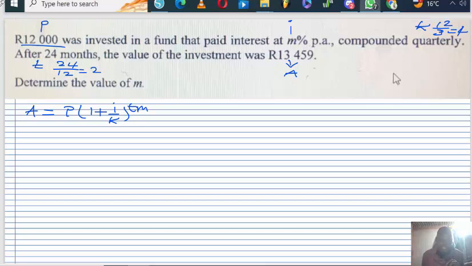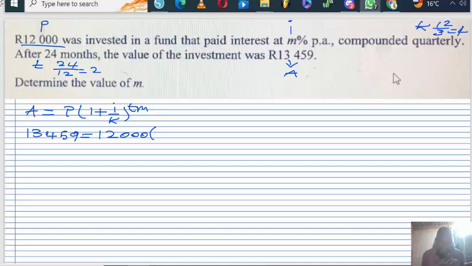So once we have that in check, we know the points. A is 13,459. And P is 12,000. Now I'll be doing this without the use of a calculator. So at the end of the question, everybody should have their calculators ready, so that they can find the actual solution.